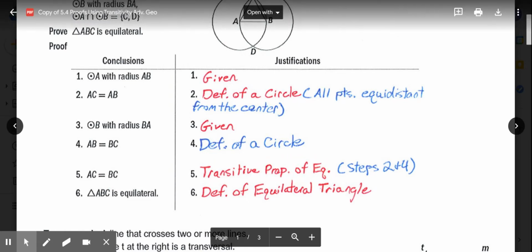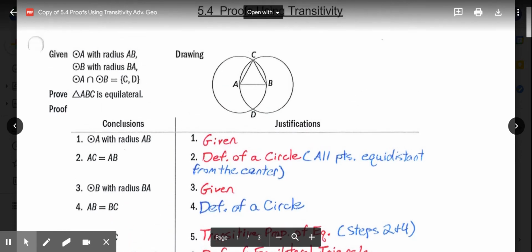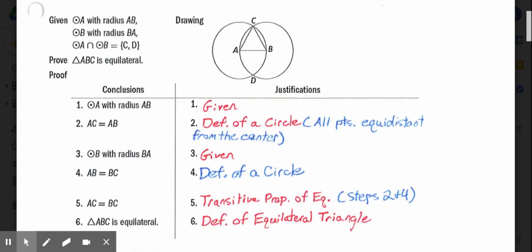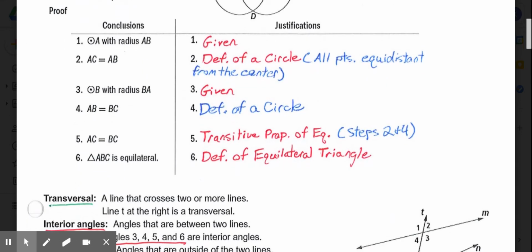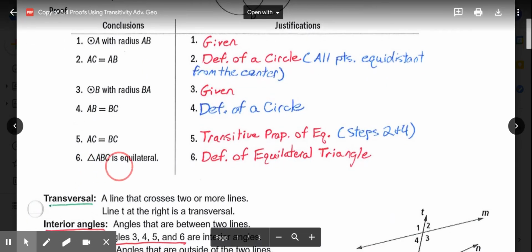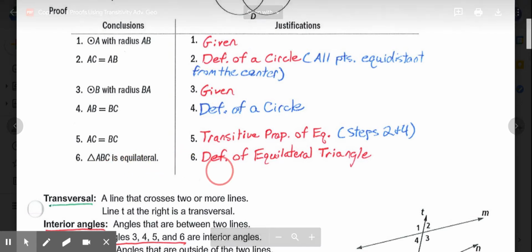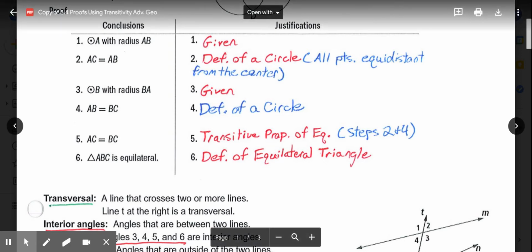And once we know AC equals BC, and they both equal AB, all three sides are equal, so triangle ABC is equilateral by the definition of an equilateral triangle. That's just one example of using the transitive property within a proof.